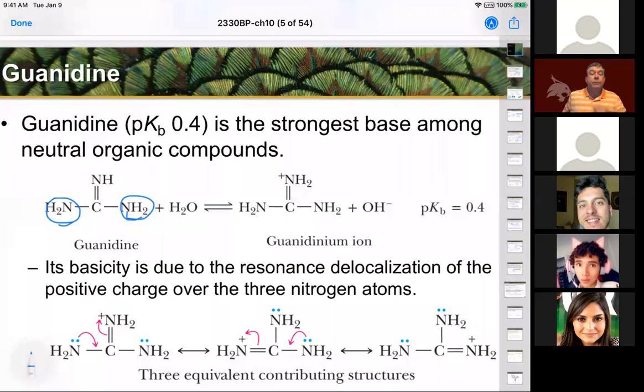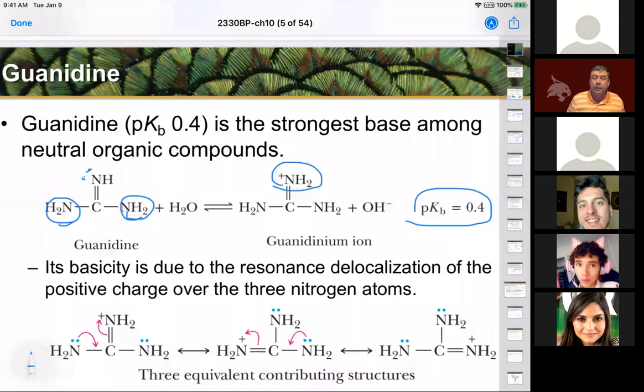Okay. And it can react with water to protonate to give it a positively charged salt. Okay. And the pKa of this is 0.4. So that's the strongest, most basic thing we've seen so far. Ammonia was like 4, and the aliphatic amines were in the 3 range. This is almost 0. So this is the strongest base we've seen so far.